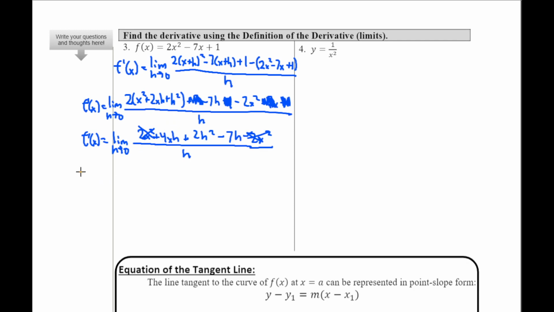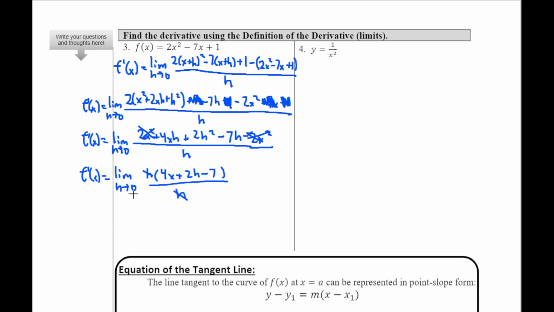And then what you're left with here is, you see we have positive 4xh plus 2h squared minus 7h, and we can factor out an h on top. So 4x plus 2h minus 7 over h. Again, we just factored the h out of each of these three terms on top. And then the h and the h cancel out.